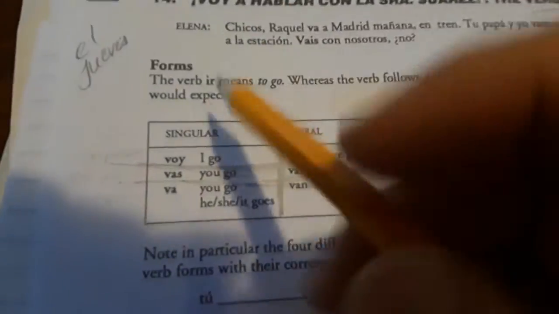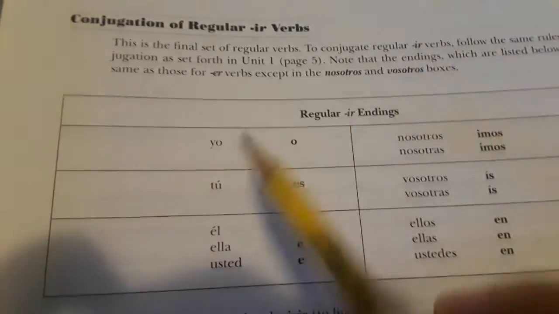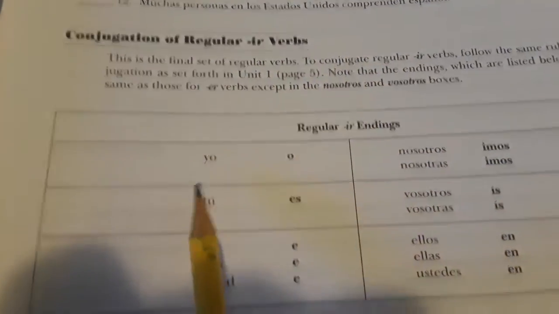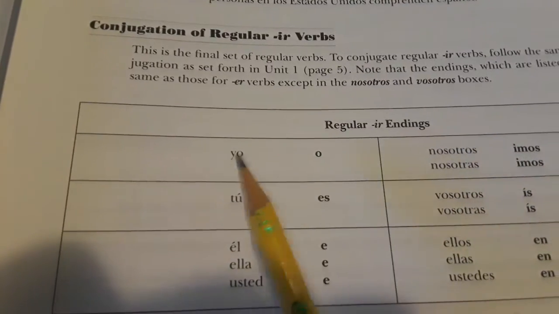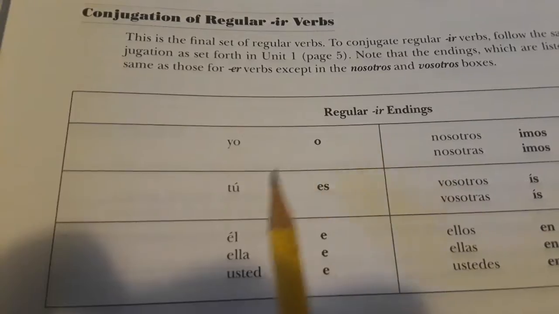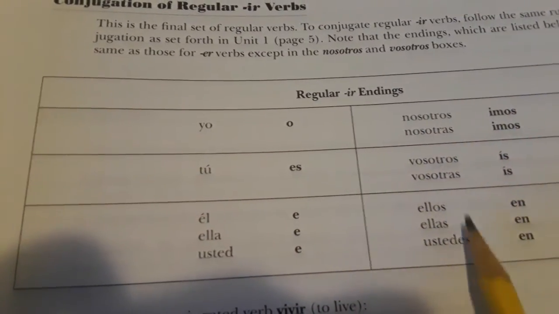But remember the chart that we have, I'll show you the chart. I don't believe I've given you this sheet. Doesn't matter. It's the conjugation of regular IR verbs, okay? So in this case, IR, what I'm talking about, the subject pronouns are this. So yo would be for that. Tú, él, ella, usted. These are the subject pronouns, okay?